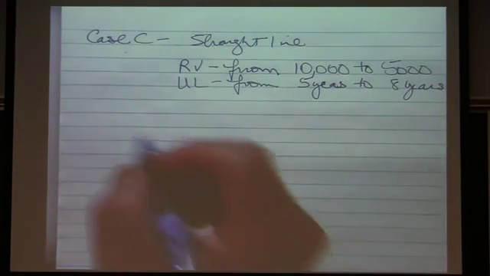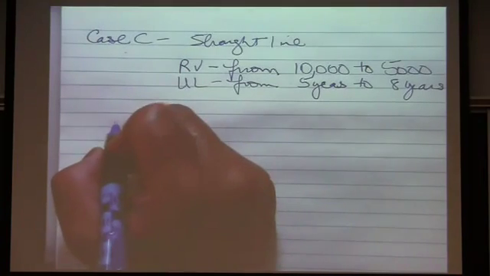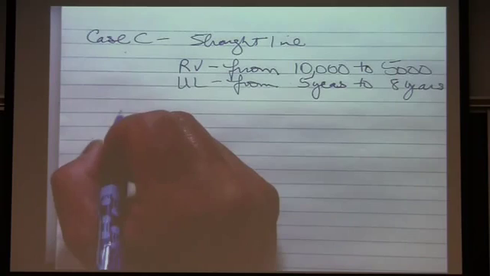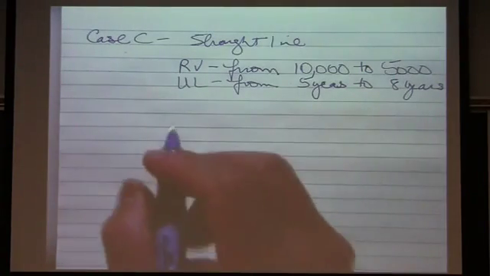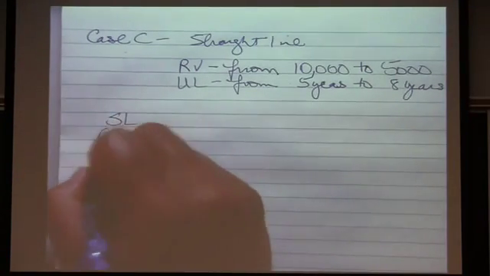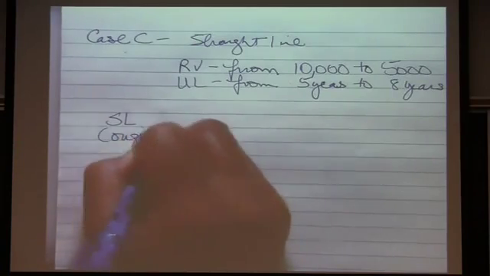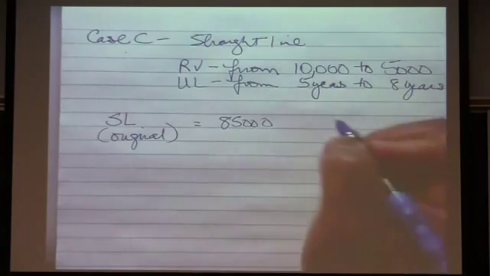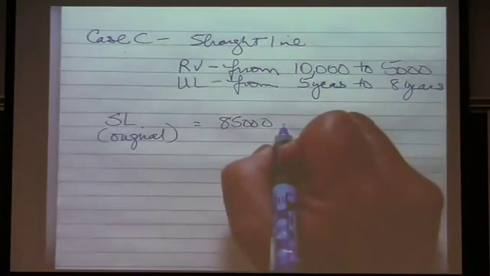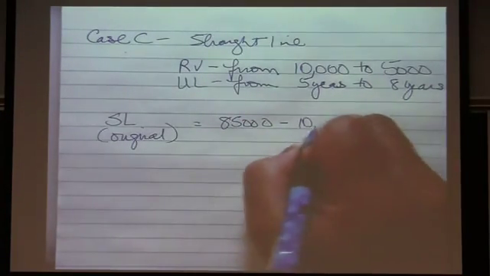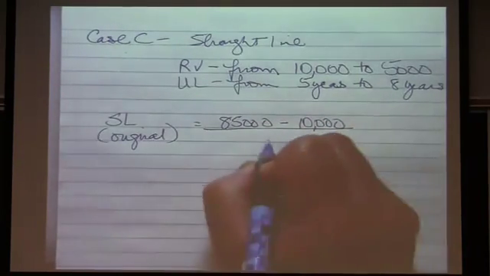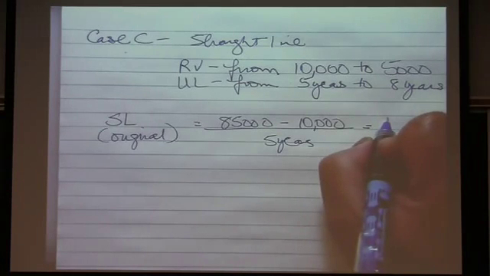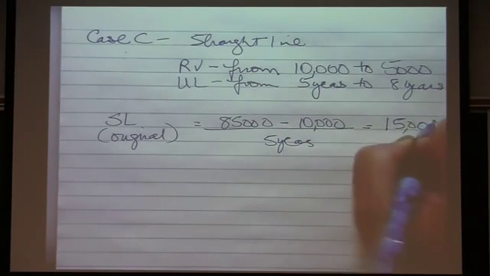Well, first of all, we need to calculate the original straight line depreciation rate. So we know the original cost was 85,000, minus the original residual value of 10,000, divided by 5 years. That gave us an amortization of 15,000 per year.